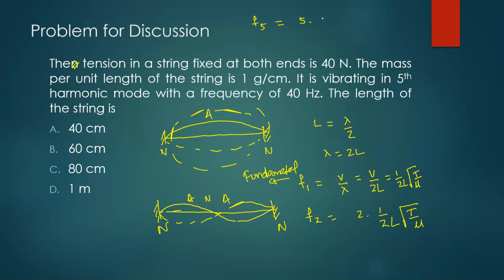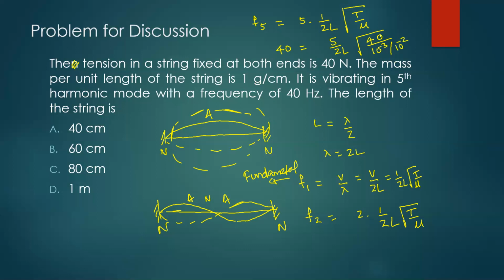The fifth harmonic will be 5 times the fundamental, 1 by 2L into square root of T by mu, tension by mu. So this is 40, 5 by 2L, and the tension is 40 newtons. Now the mass per unit length is 1 gram per centimeter. Let us convert that into SI units: 10 to the power minus 3, divided by 10 to the power minus 2.